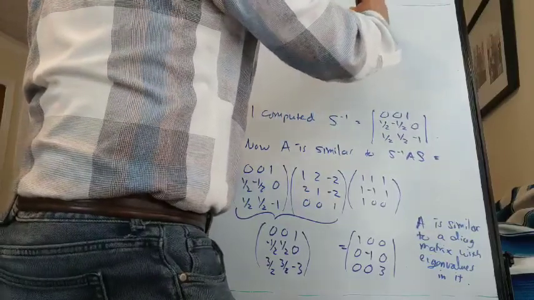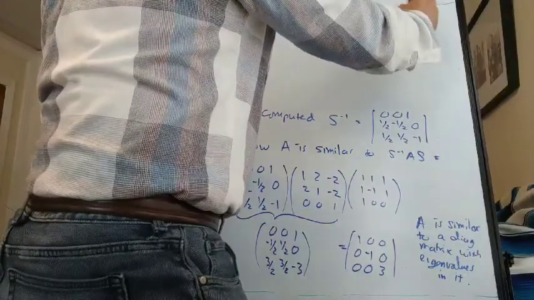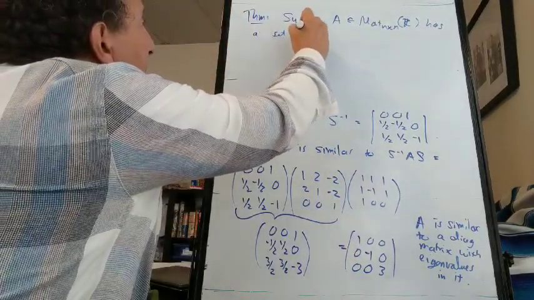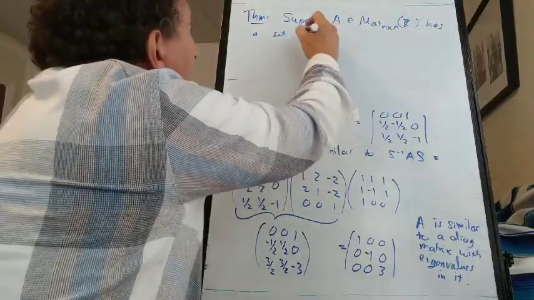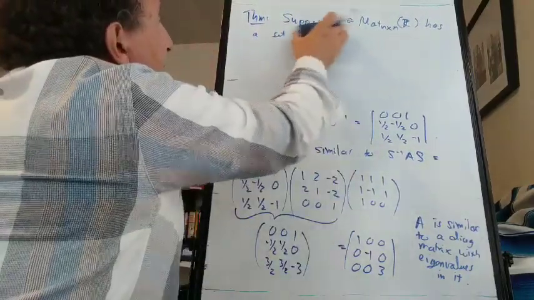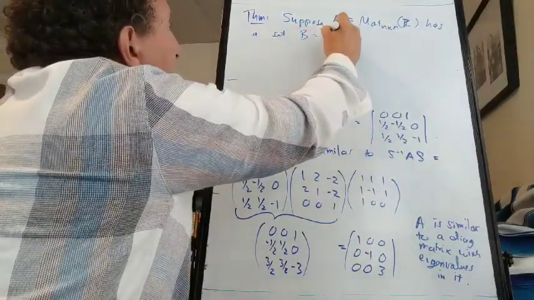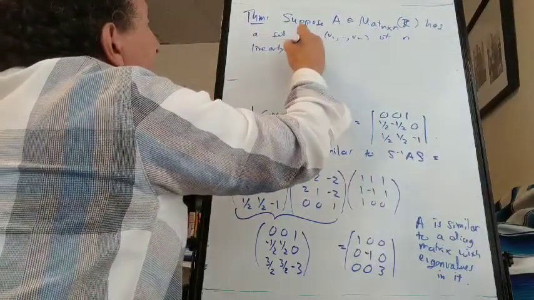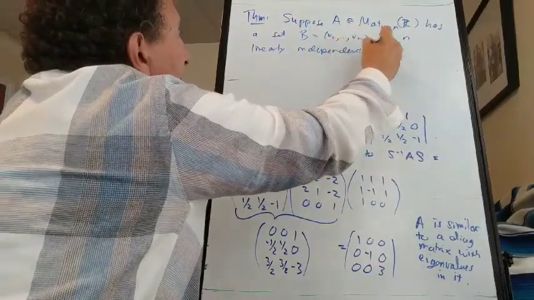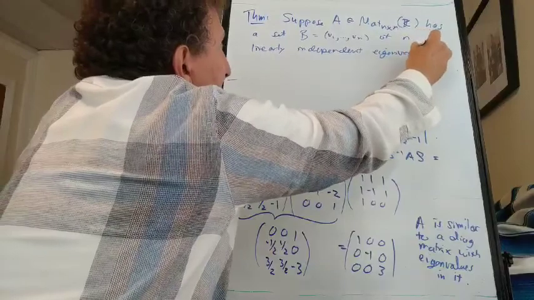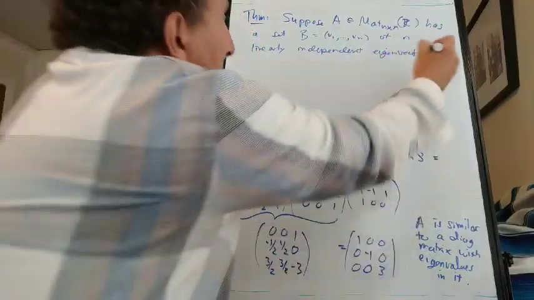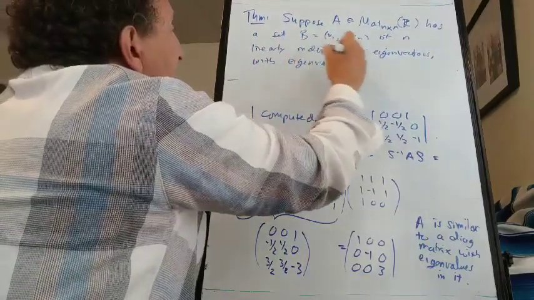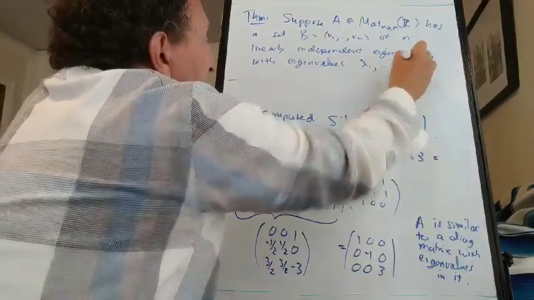So let's suppose A, which is an n by n matrix, has a set B equals V1 through Vn of n linearly independent eigenvectors, with eigenvalues lambda 1 through lambda n.